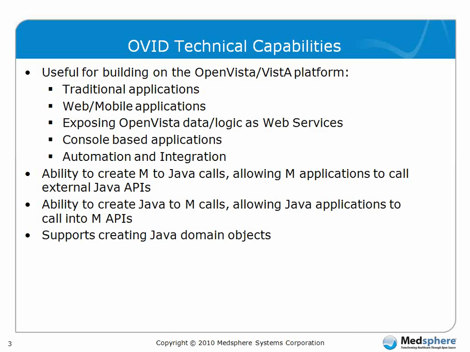And on the last bullet point there, we create what we call Java domain objects, or we try to use that pattern where you abstract a little bit into conceptual layers what it is you're talking about, and let that layer deal with the details. So as much as possible, the users of the OVID layer don't have to be too concerned about all the internals of what's happening behind the scenes.